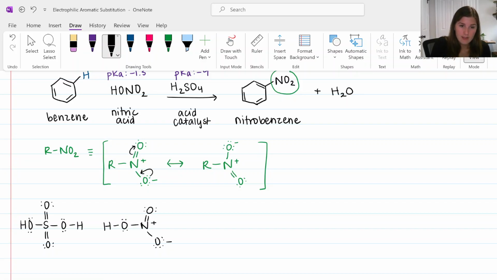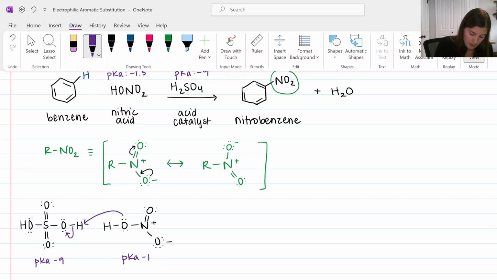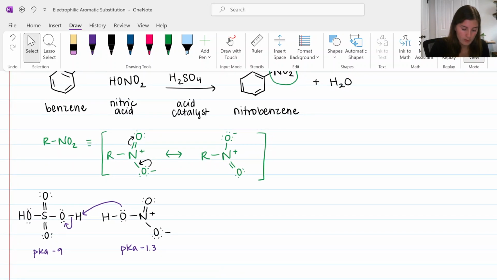In nitric acid, the oxygen that's bonded to a hydrogen is weakly basic, so that will be protonated by that hydrogen from H2SO4. Now remember, this pKa is -9 and this pKa is -1.3, so H2SO4 is a stronger acid. It donates its proton. So this generates our electrophile. Well, it helps generate our electrophile.